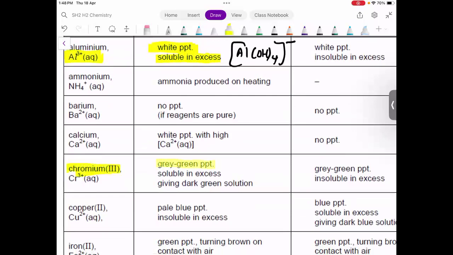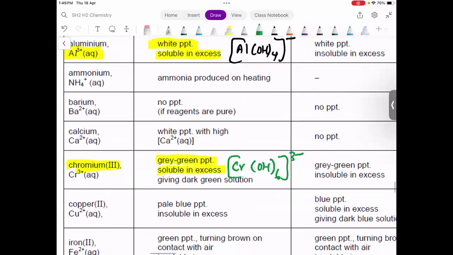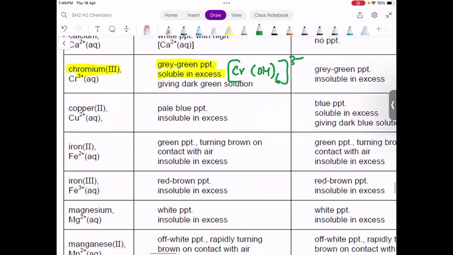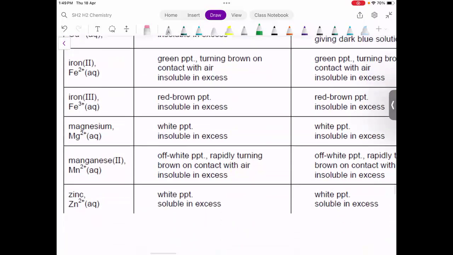If you look at another example, chromium 3+, it also forms a PPT and becomes soluble in excess of sodium hydroxide. This is also due to the formation of the soluble chromium complex, 3-. Another example, zinc 2+, also forms a PPT, zinc hydroxide, and is soluble in excess.